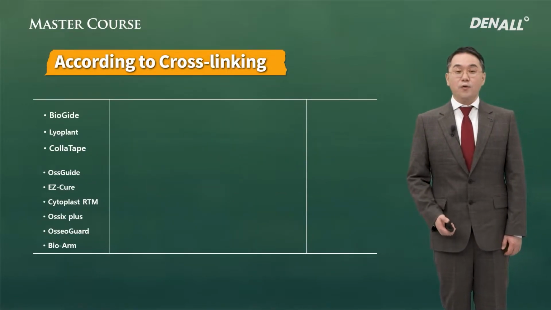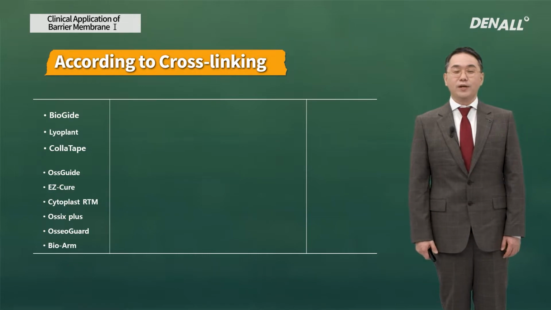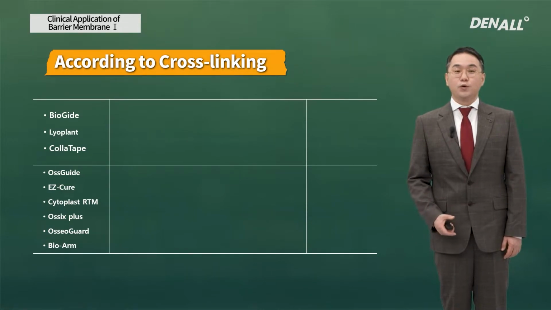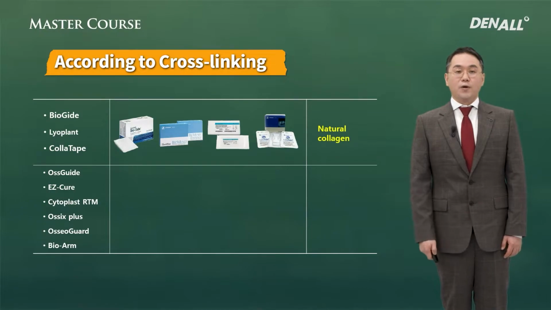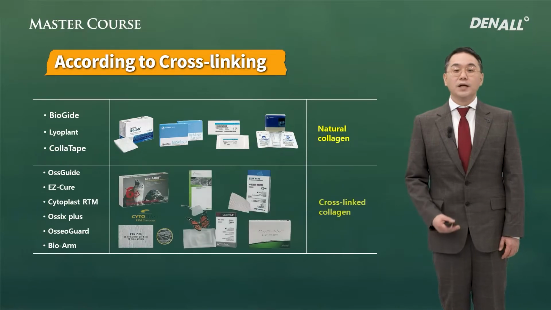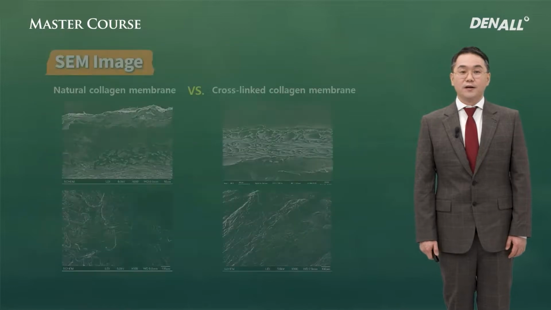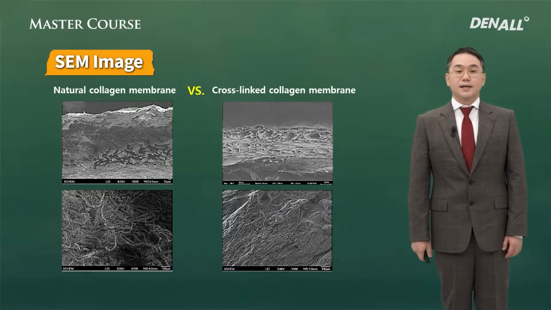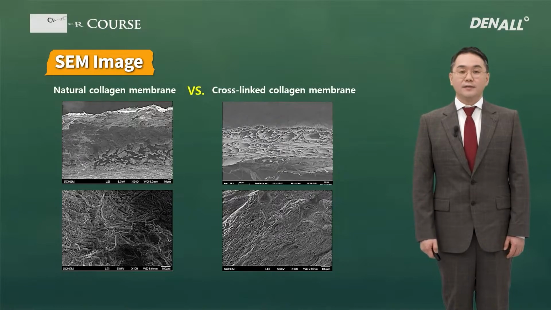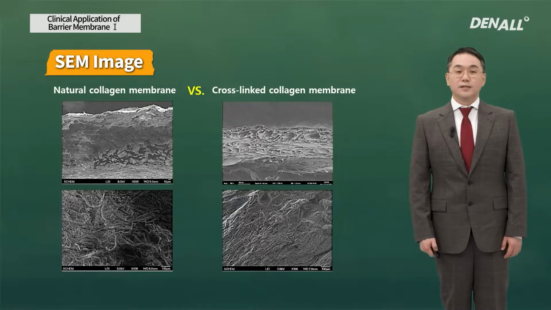Let's classify the resorbable collagen membrane in more detail. Whether it is cross-linked or not, the resorbable membrane can be classified. Natural collagen is not using cross-linking, and there is cross-linked collagen. What is the reason for cross-linking? As you can see in this same image, cross-linked collagen has a more dense structure, so tensile strength would get changed.